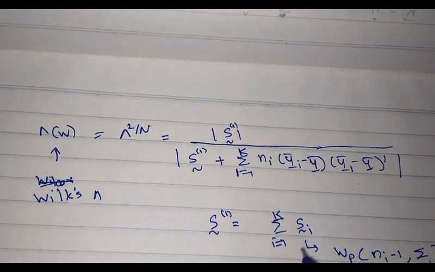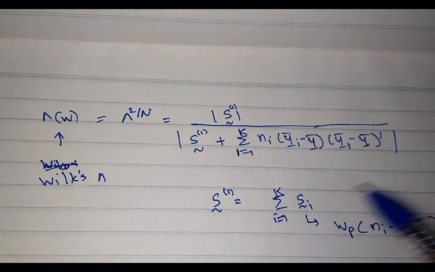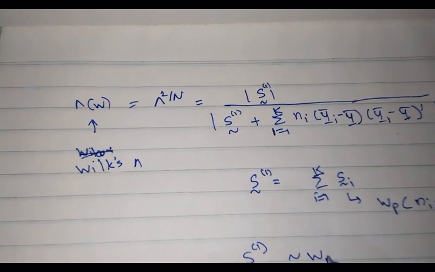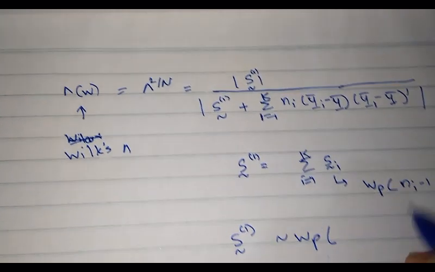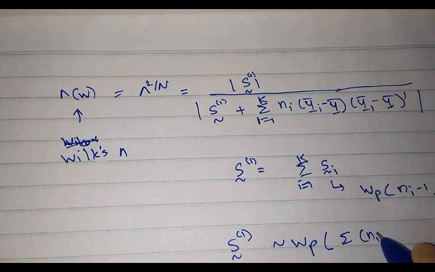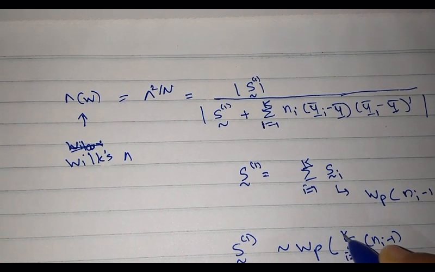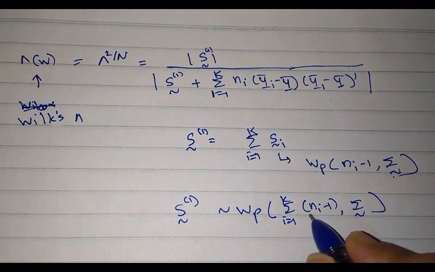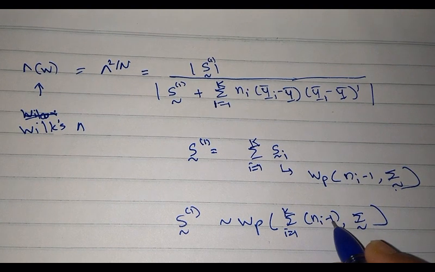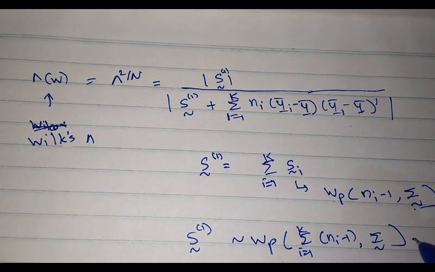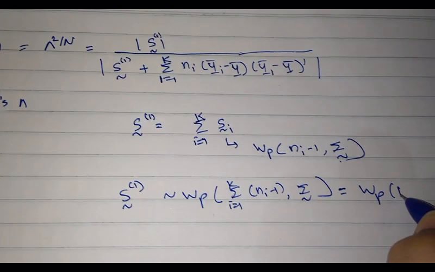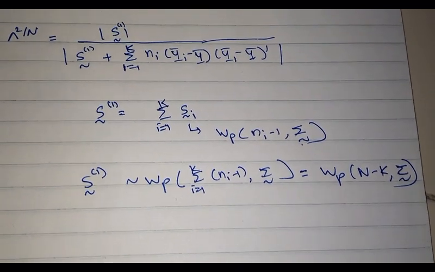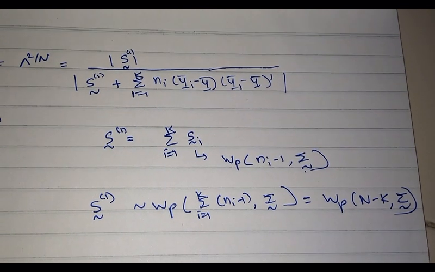Since the populations are independent, the Sis are independent. So by additivity, S1 will also be Wishart with the sum over Ni minus 1, i going from 1 to k, and sigma. The sum of Ni minus 1 becomes capital N minus k. So S1 is Wishart with N minus k and sigma.